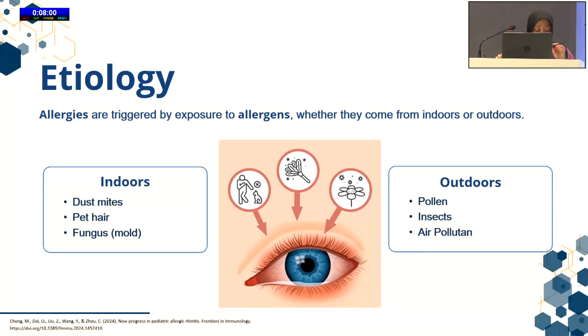Allergies occur due to an aggravated immune response to allergens, both indoor and outdoor. Common triggers include dust, pets, mold, pollen, insects, and air pollutants, which worsen symptoms like allergic conjunctivitis and asthma.